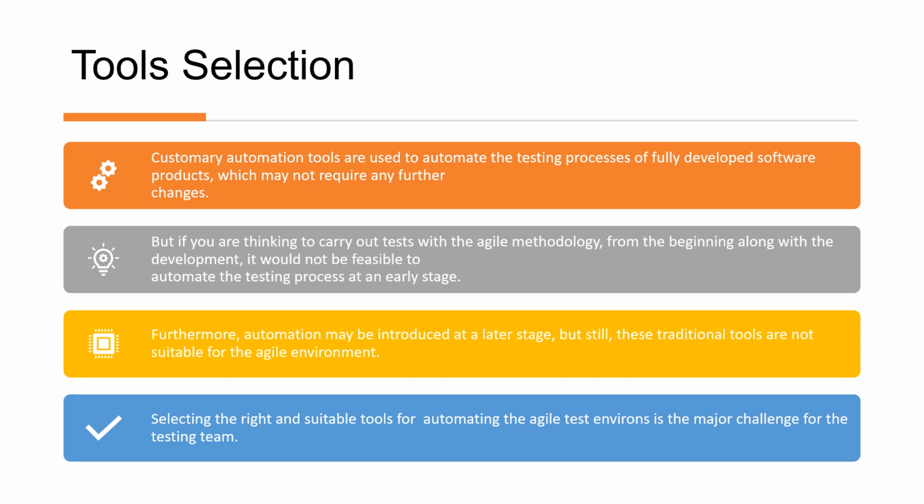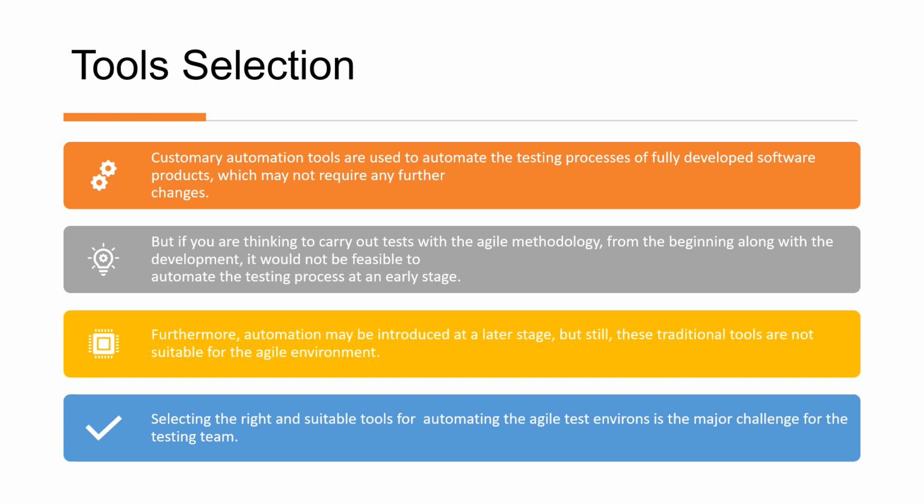Once we have automated testing, it will be very easy to carry out through automation rather than performing all the steps manually, which takes time and impacts productivity as well. Furthermore, automation may be introduced at a later stage, but still, these traditional tools are suitable for the agile environment.